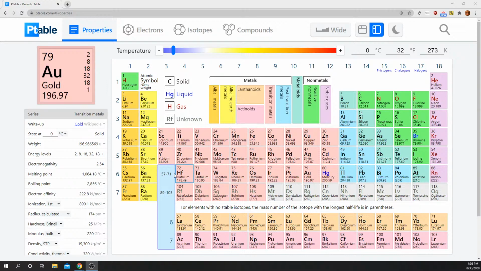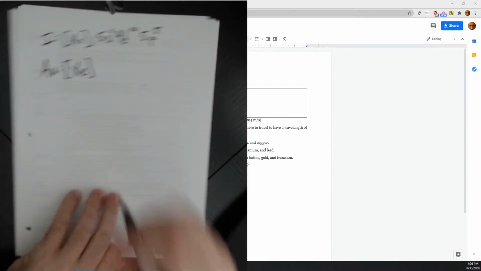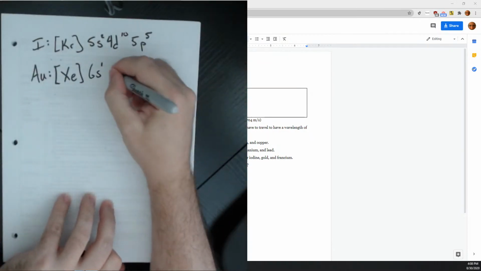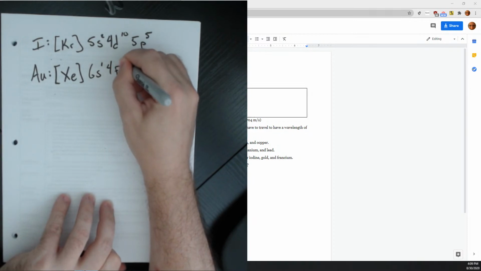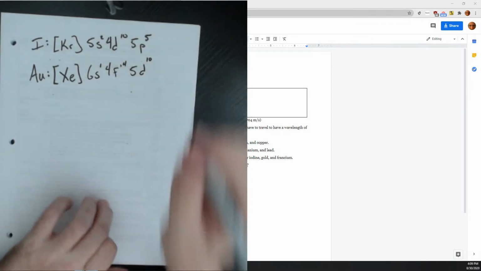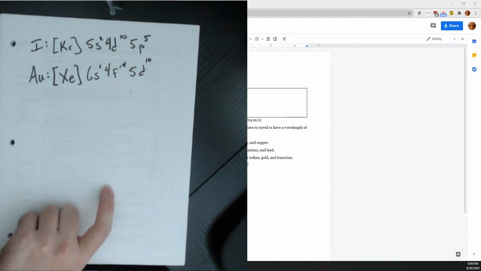It's going to promote from the S group into the D block. Okay? So it's not going to start with 6s2, it's going to start with 6s1. So xenon, 6s1. Then remember, the 6s is followed by 4f14, and then 5d10. It would be 5d9, but we promoted out of S into D.